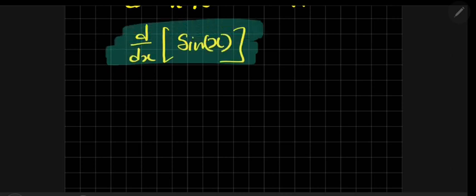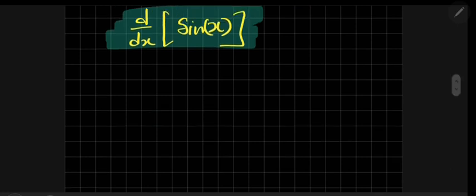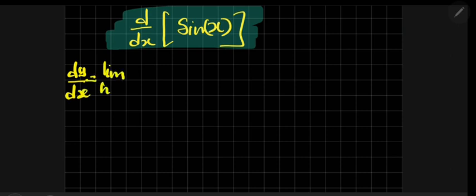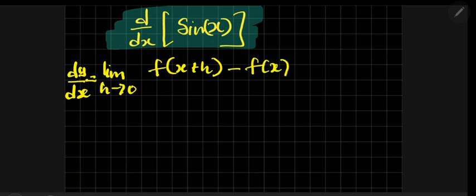That will be our first thing. Now the first thing that you must do is to write the general formula, of course. So I say dy/dx is equal to the limit as h is approaching 0 of f of x plus h minus f of x over h.